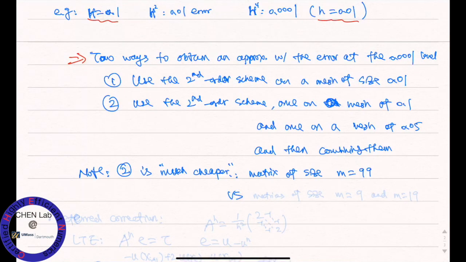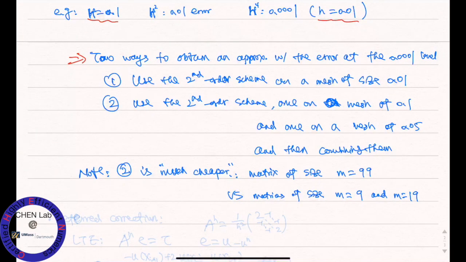This versus matrices of size m equal to 9 for 0.1, and another one for 0.05, that's 19. You solve two smaller matrices, combine the two solutions smartly, and you get the error as if you were solving a matrix of size 99. That's a pretty good deal.